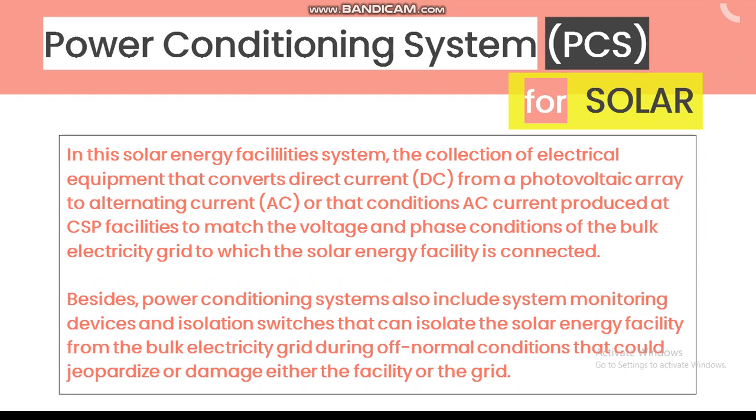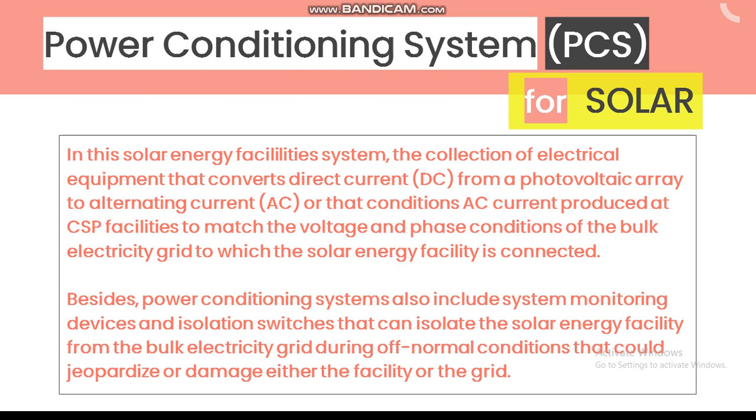Next, in the solar energy facility system, the collection of electrical equipment that converts direct current DC from a photovoltaic array to alternating current AC or that conditions AC current produced at CSP facilities to match the voltage and phase condition of the bulk electricity grid to which the solar energy facility is connected.